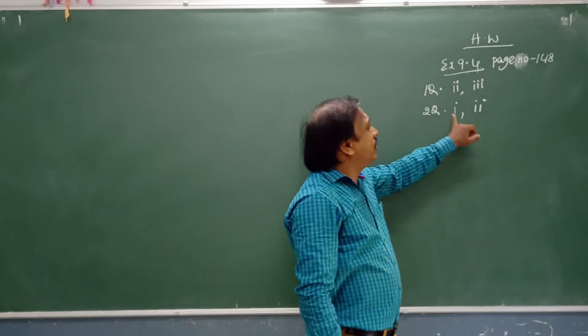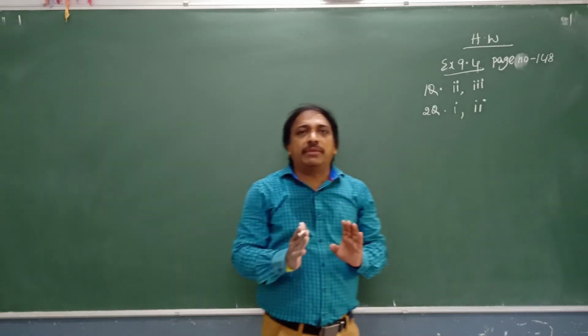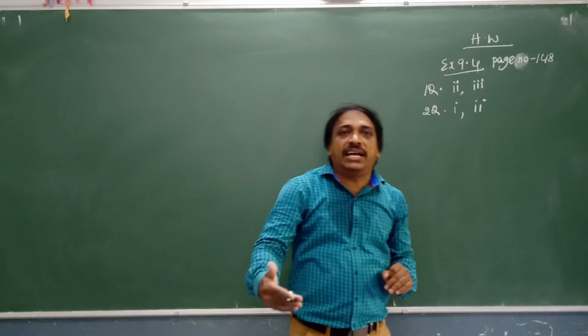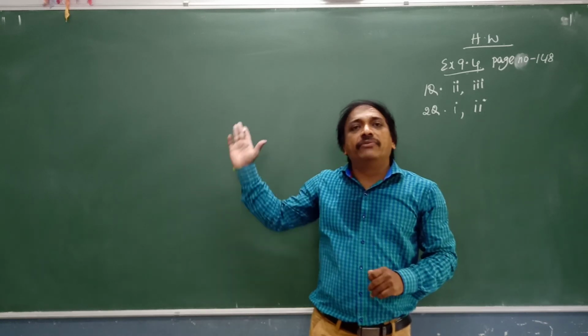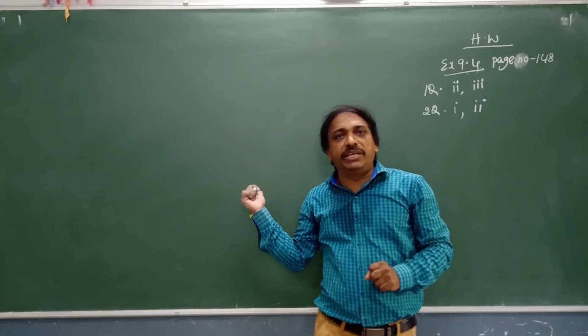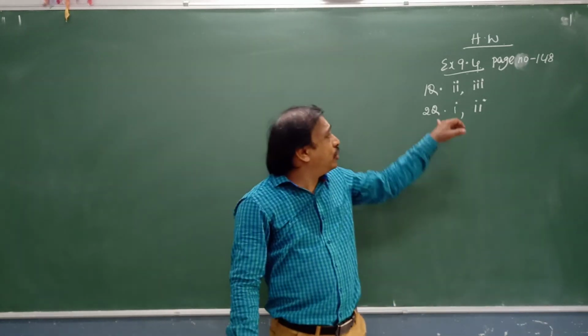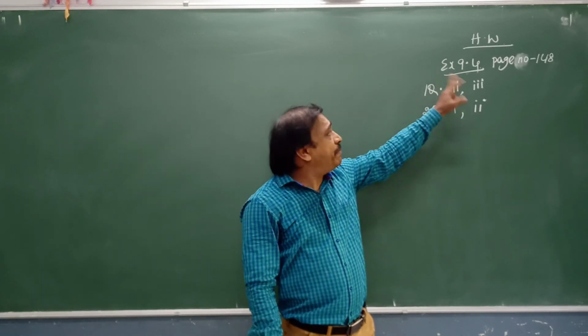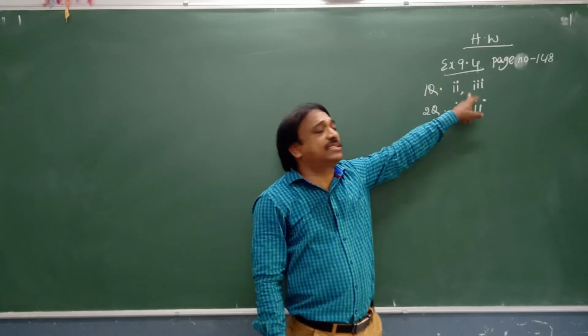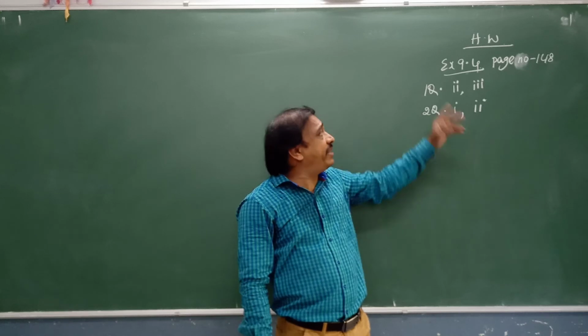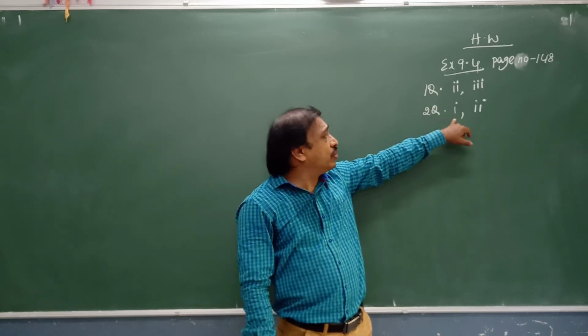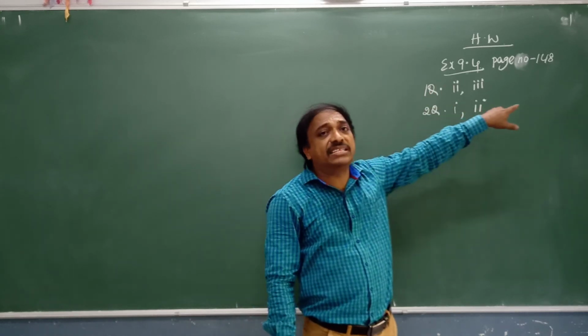Question number 2, first and second bit. Even question number 2 is similar to how I explained with the example as well as the first question. So I am giving only two bits from that, first and second.